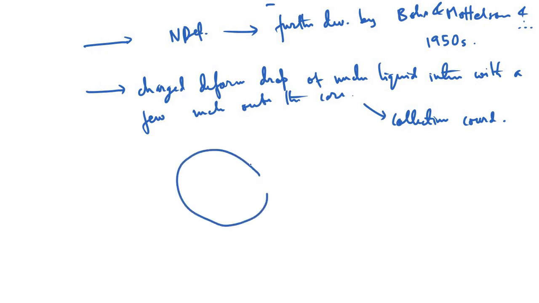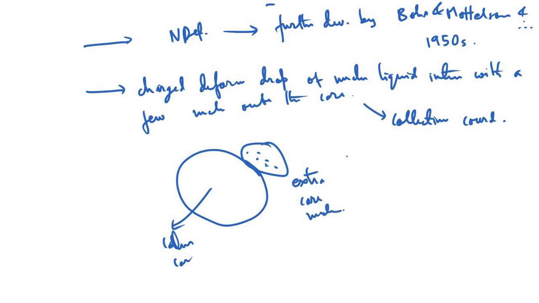So the basic idea was that the core was described by these collective coordinates, and the extra core nucleons were treated individually. This was the earlier studies by Bohr and Mottelson's group.